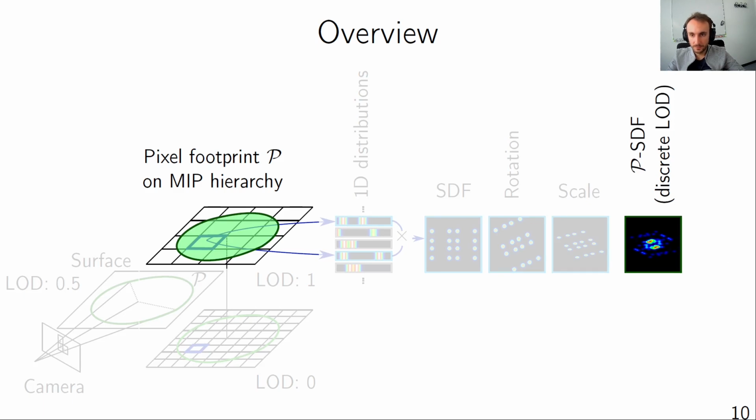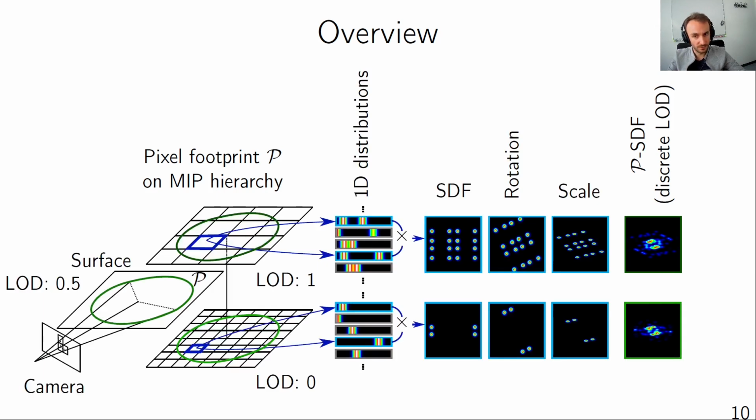The average of the cell distributions gives a P-SDF at a discrete LOD. We do the same for the lower discrete LOD. And to have smooth transitions when zooming, we linearly interpolate the P-SDFs at the adjacent discrete LODs. The resulting P-SDF is used to calculate the reflectance of the material.